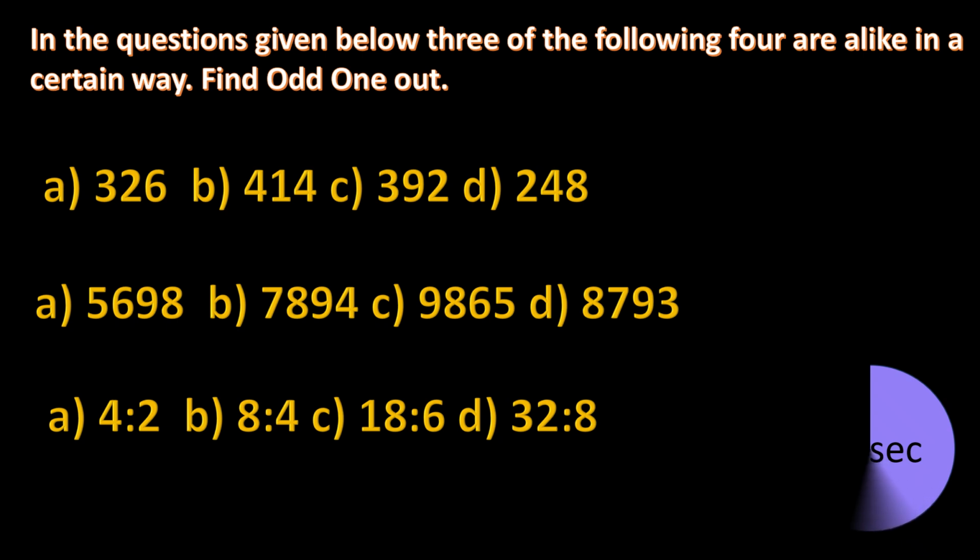And 2 or 3 questions do appear of odd one out. So here you should not lose any marks in competitive exams because it's considered an easy part of number analogy.